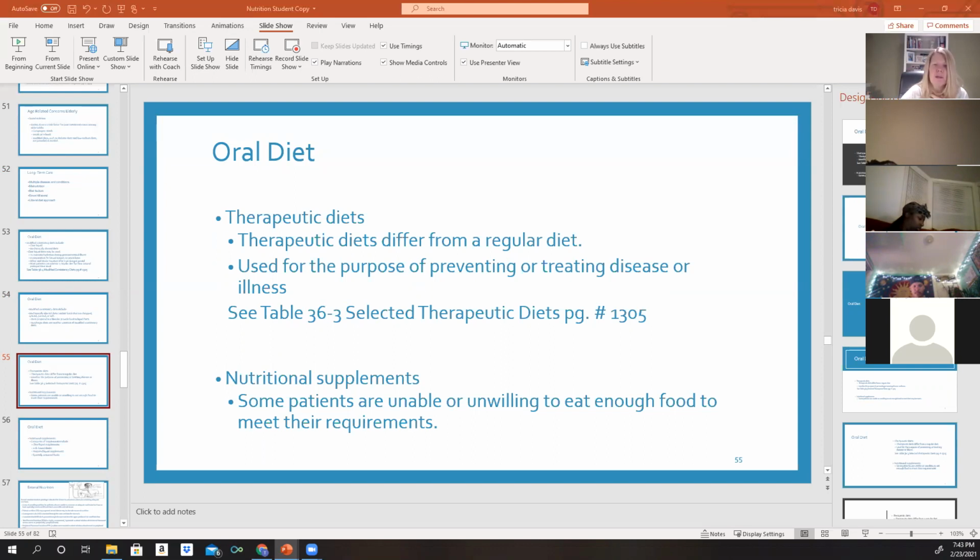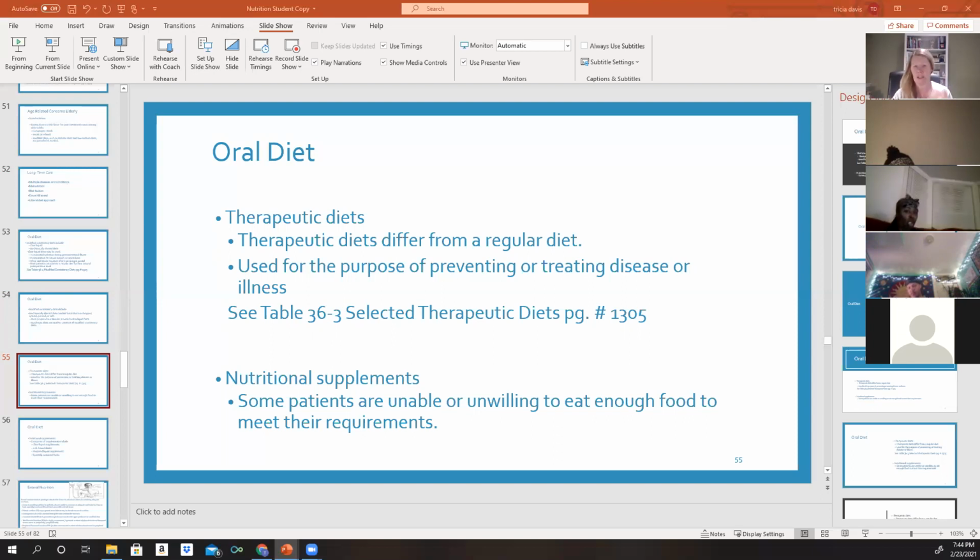And then nutritional supplements. Some patients are unwilling or unable to eat enough food to be able to meet their requirements. So sometimes you can recognize this, you'll be the one who's seeing your patient eat. So if you have a patient that only ate 10 or 20% of their breakfast, and then you gave them their lunch and they only had a bite or two, you can ask for a nutritional consult or ask the doctor to add on some Ensure.